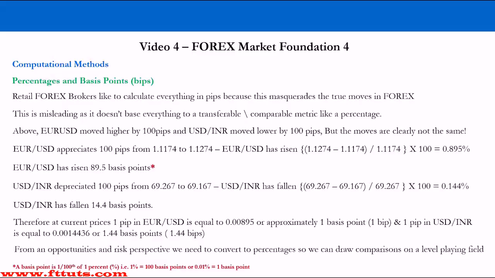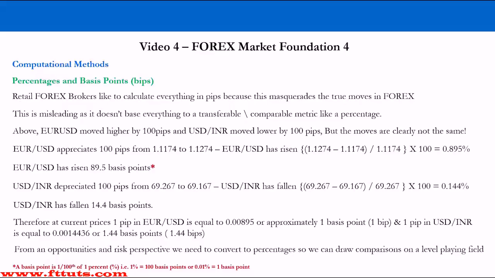And this is expressed in terms of basis points. And a basis point, we have the definition at the bottom of the screen here for you. A basis point is equivalent to 1/100th of 1%. So basically 1% equals 100 basis points, or 0.01% is 1 basis point.